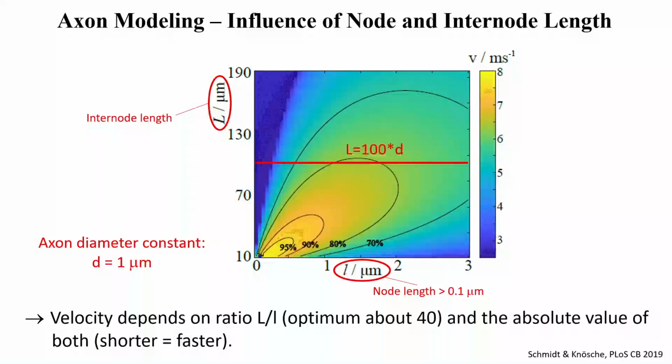And if we make the reasonable experimentally verified assumption that the internodal length is about 100 times the diameter, and assume that the node length maybe varies between 1 and 2 microns, which is also quite realistic, then we have a very small variation of velocity, actually. So that means node and internode length are maybe secondary parameters.